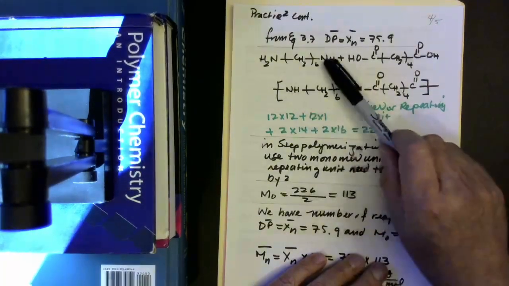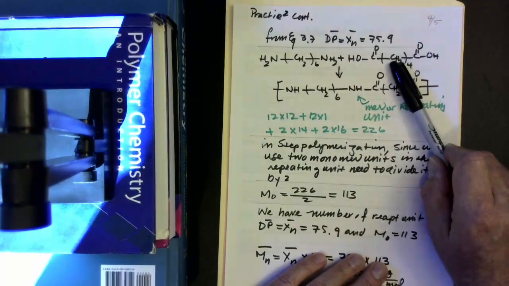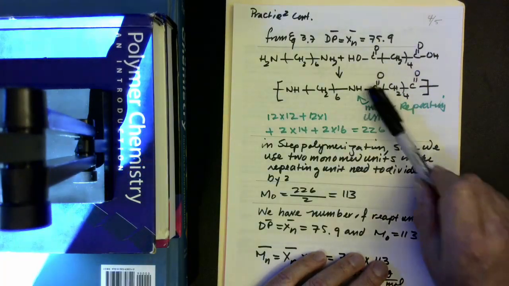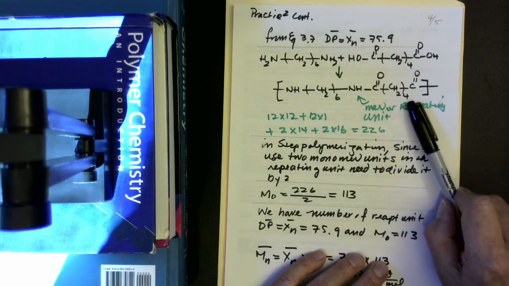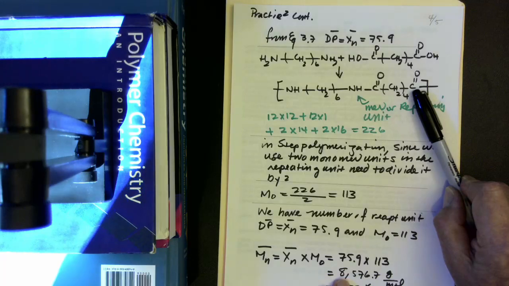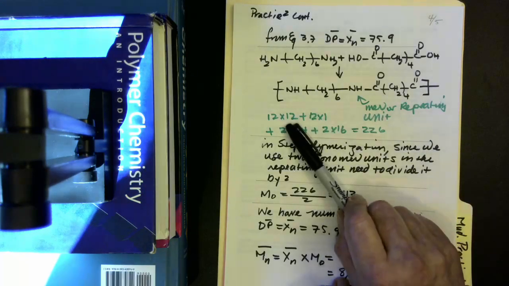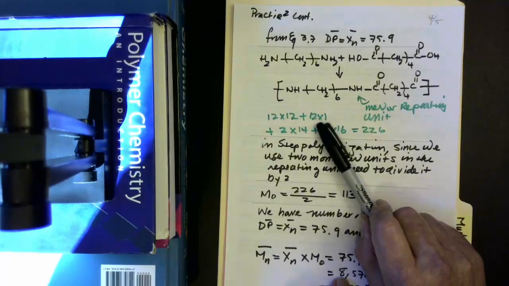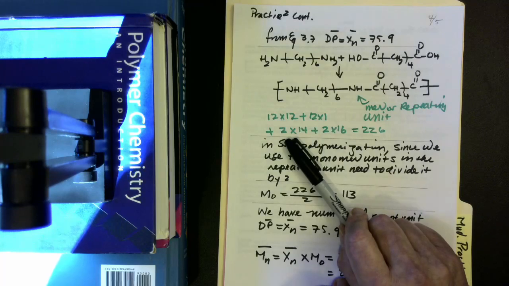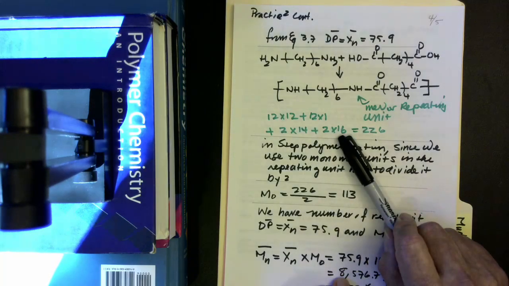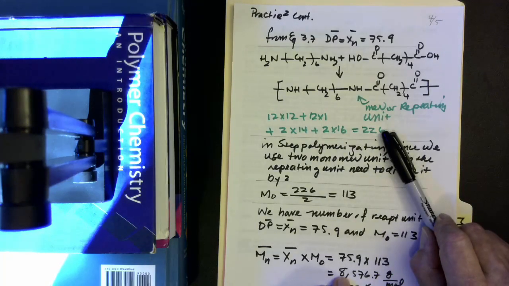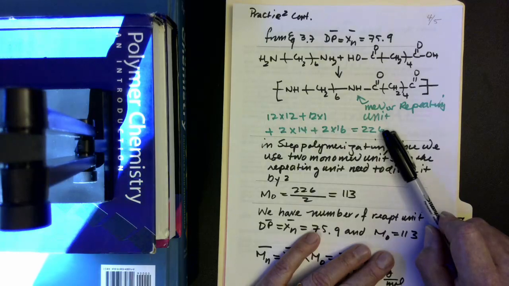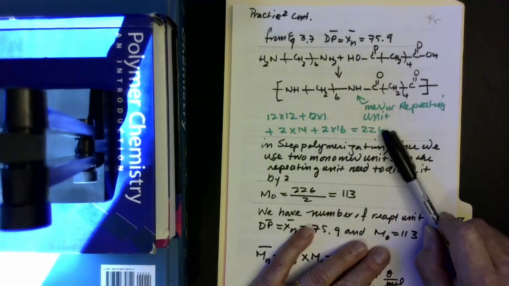If I have the diamine reacted with the dicarboxylic acid, the repeating unit is NH CH2 6 NH CO CH2 4 CO. We count the carbons, 12 times 12, 22 hydrogens times 1, 2 nitrogens times 14, and 2 oxygens, 2 times 16 is 32. So the whole thing is 226. But remember, this is a step polymerization.